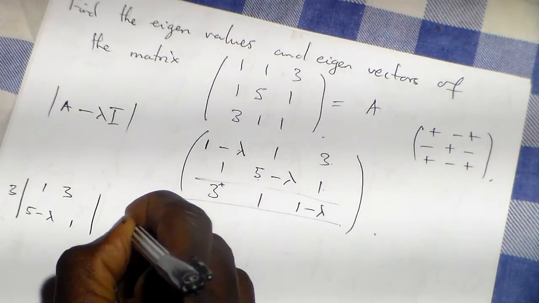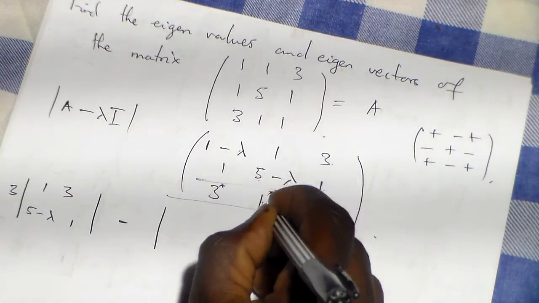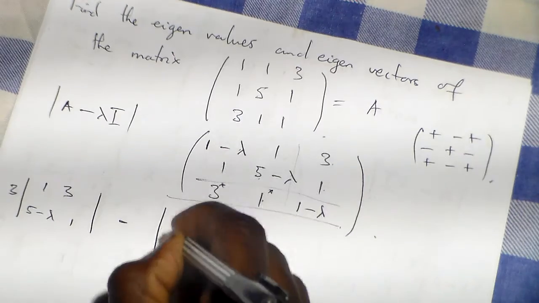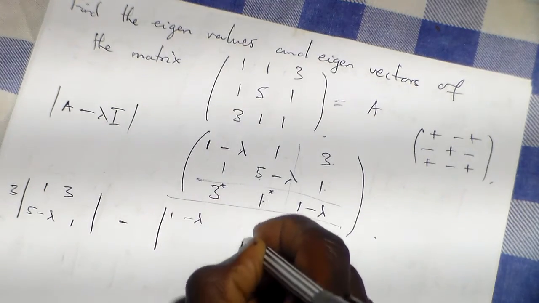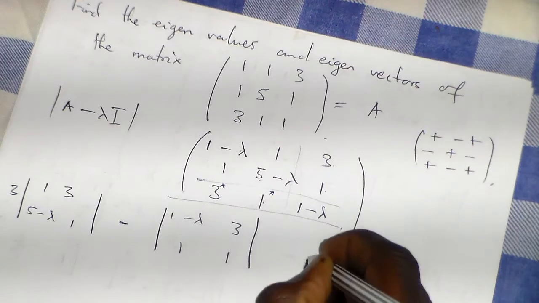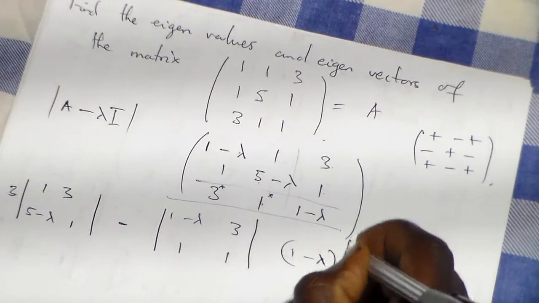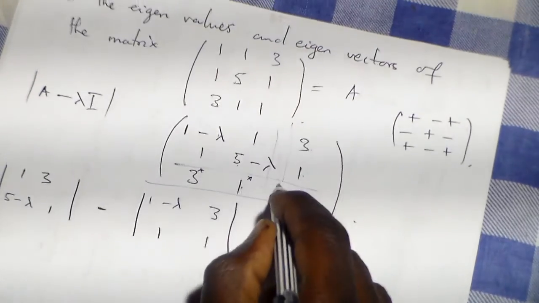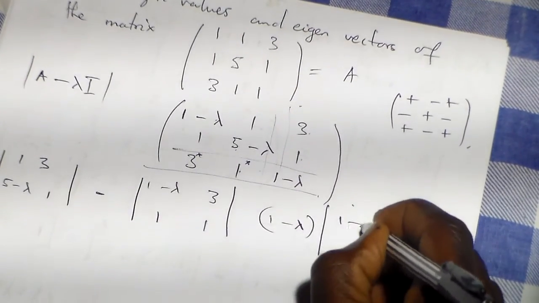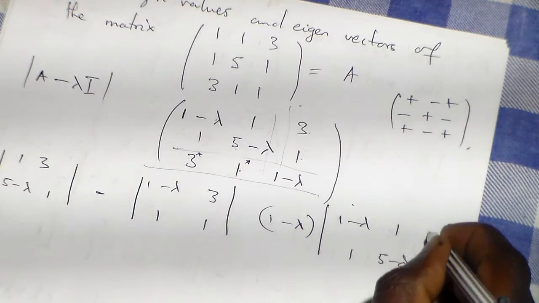Then the next one, we're talking of this negative 1. The minus of this matrix, we are deleting row and column, is 1 minus lambda, 3, 1 and 1. The last element is 1 minus lambda. Its minor is 1 minus lambda, 1, 1, 5 minus lambda.